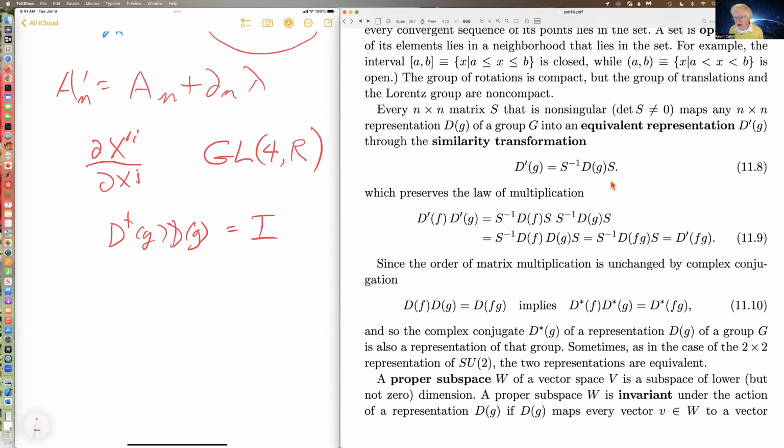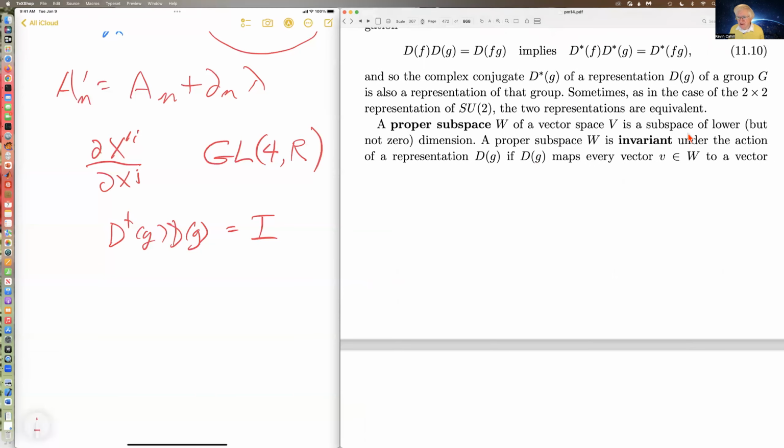So in other words, for every element G in the group, you have a matrix that represents it, D of G, and now if you multiply that matrix by S inverse on the left and S on the right, you get a new matrix, and this is a new matrix of a different representation. But that representation is related to the original representation by a similarity transformation. And so it's said to be an equivalent representation. And we really don't distinguish much between the two.